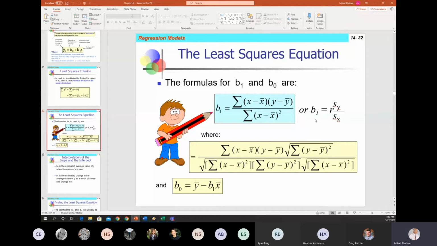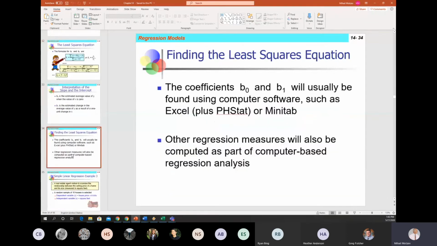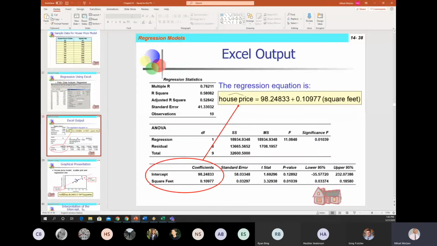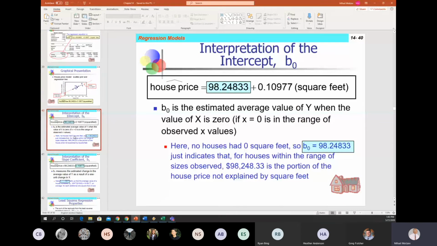And this is an example of a negative coefficient of regression.